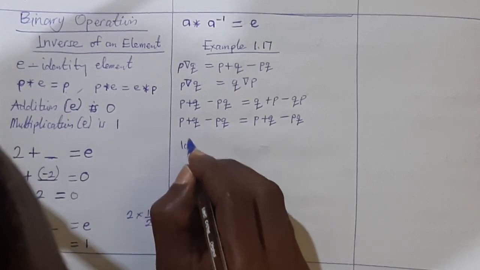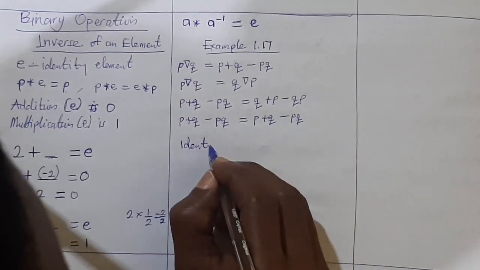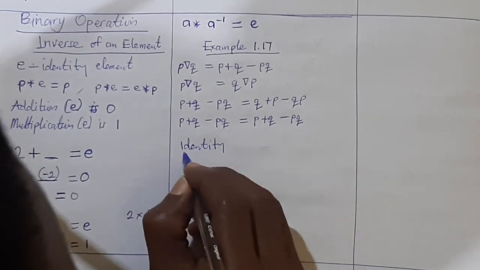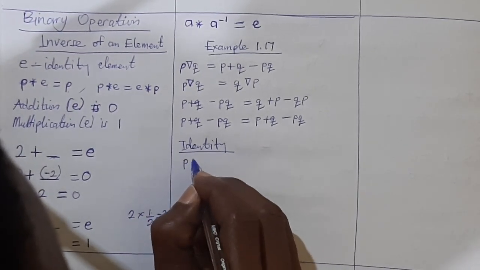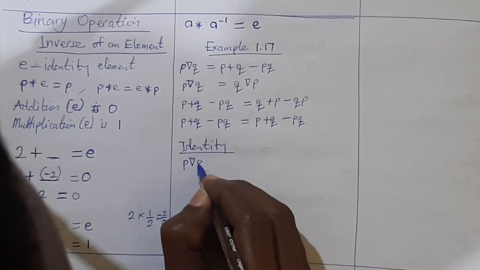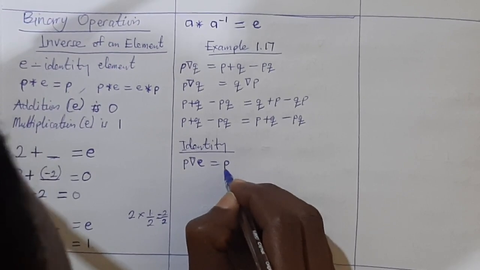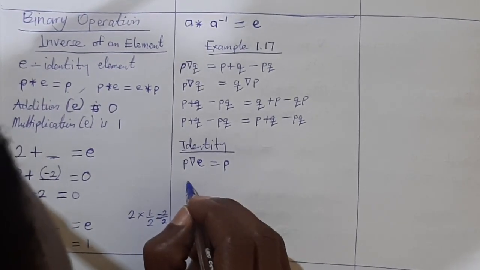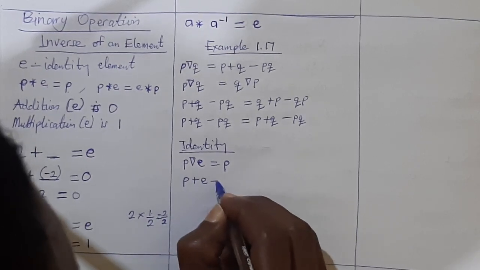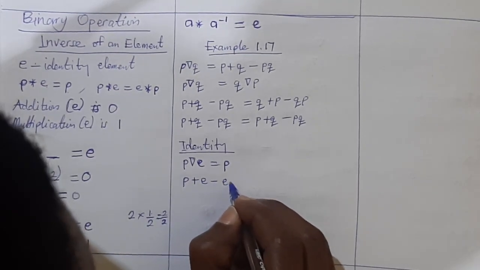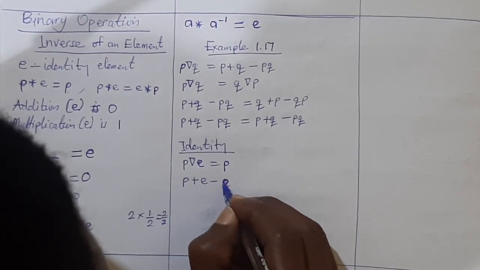So identity, we have P operation E equals P. Now let's expand. We have P plus E minus EP.